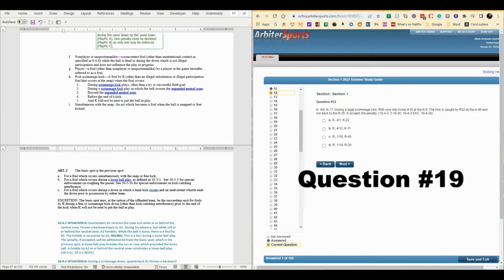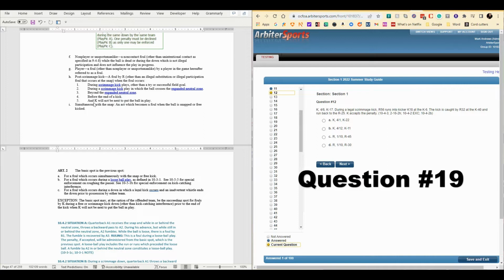And when does the kick end? Either when the ball is caught or when the ball becomes dead. Okay? So this is a very specific foul. If you can imagine it in your mind, it basically has to occur after the ball has crossed the line of scrimmage, is still in the air, and has not been caught.